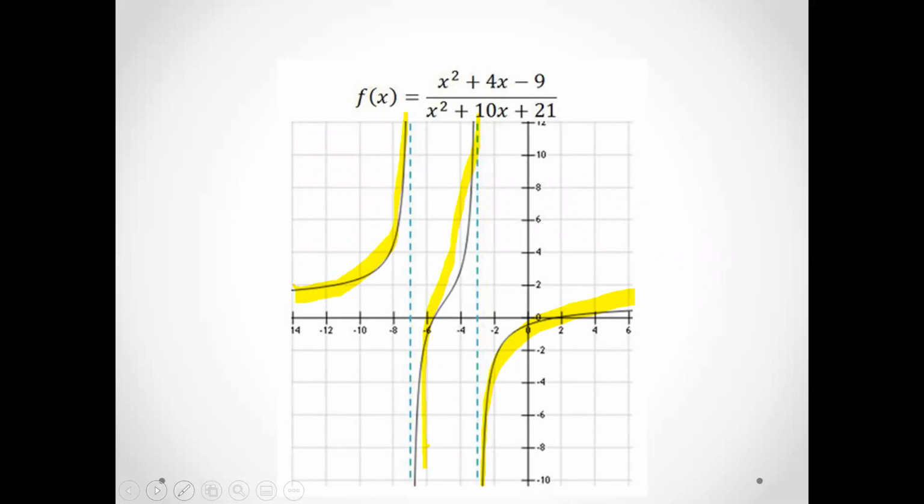Okay, let's go ahead and take a look at this one here. Find the vertical asymptote of this example. Remember I said the first thing we'll do is factor if it's possible. So let's go ahead and factor the numerator and the denominator. With the numerator, you want to ask yourself, what times what gives you a -9, but when you add those two numbers together, it gives you a +4.